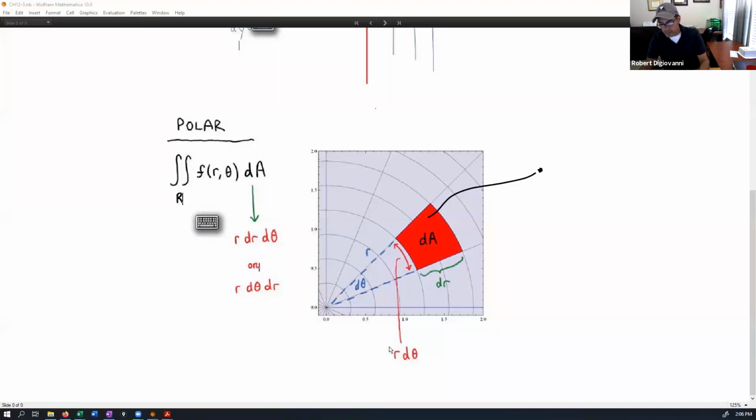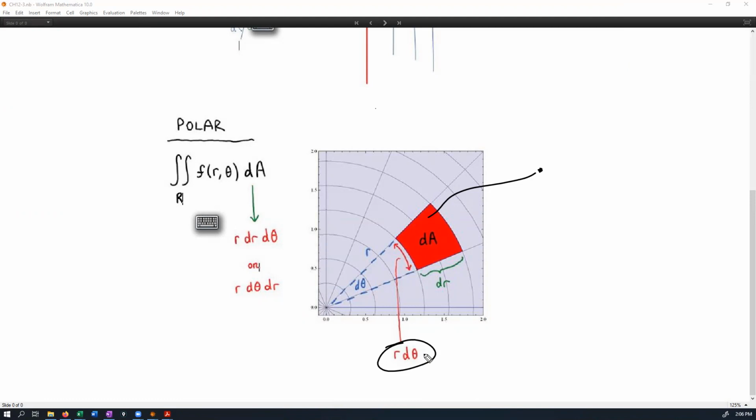Do y'all know where this comes from? Do you know why that's r d theta? If this little infinitesimal change in theta is d theta, then why is this length r d theta? I'm guessing because of arc length.